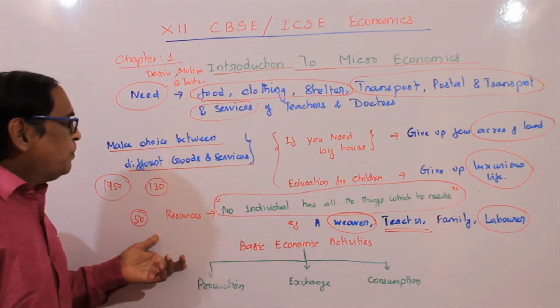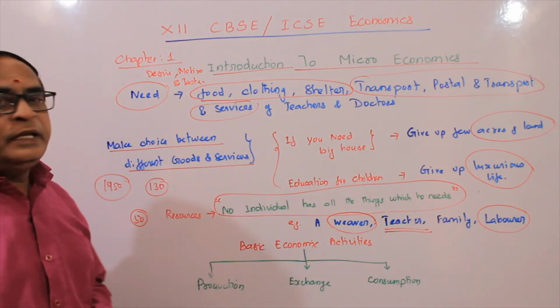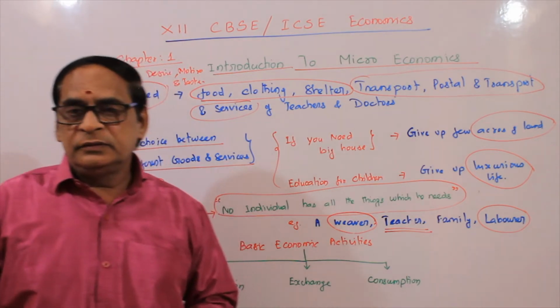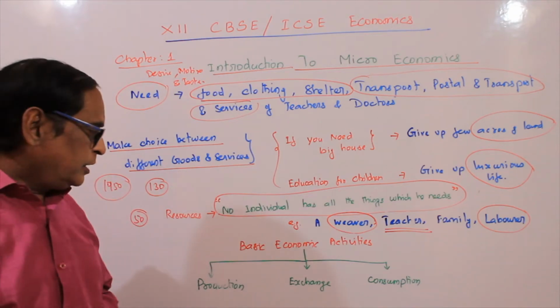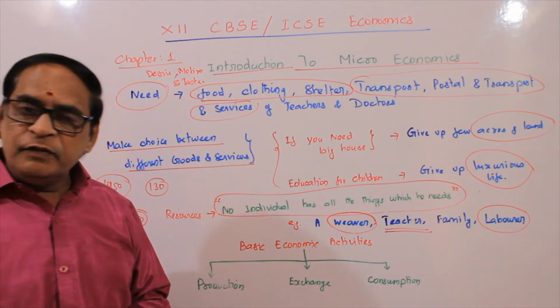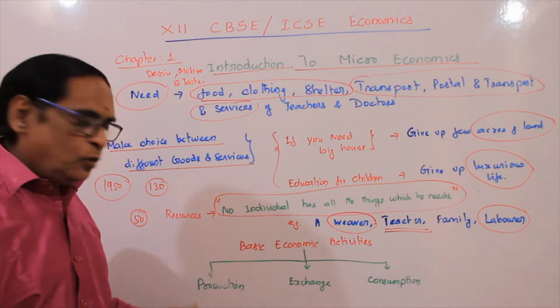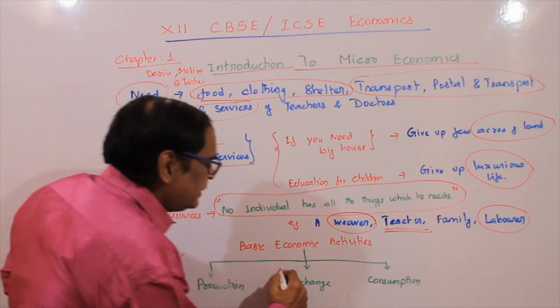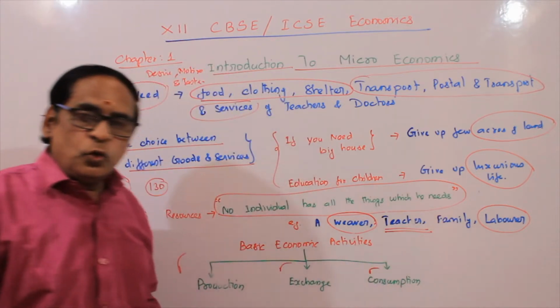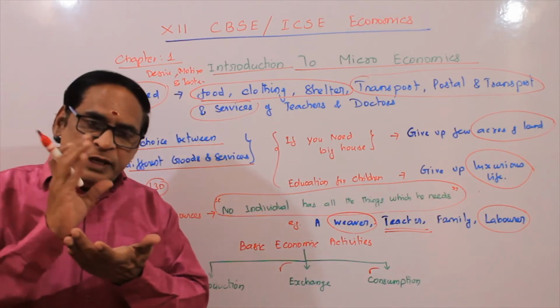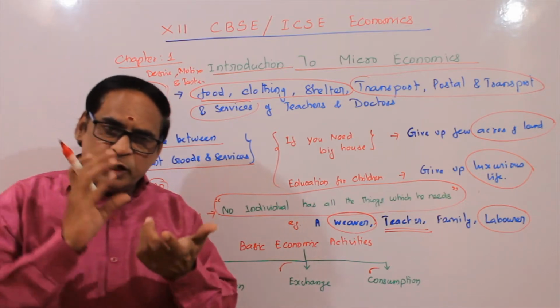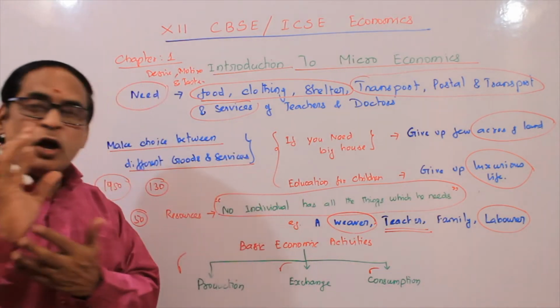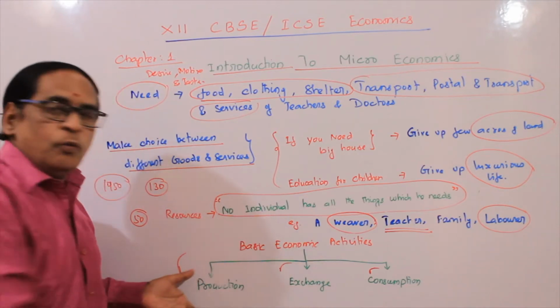Another important point: the basic economic activities. In every country, the basic economic activities are classified into three categories: production, exchange and consumption. Whatever the requirements of the total society, accordingly we should have production.